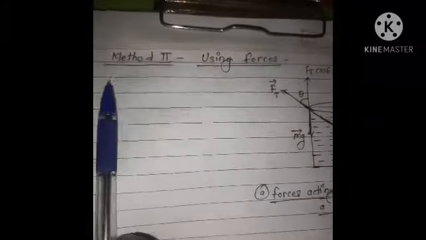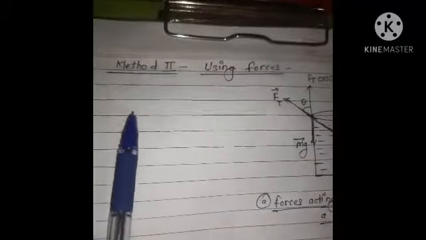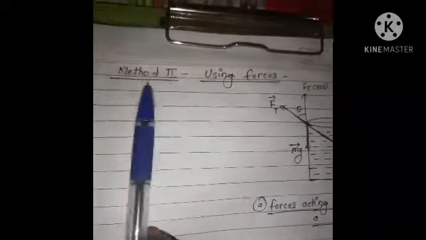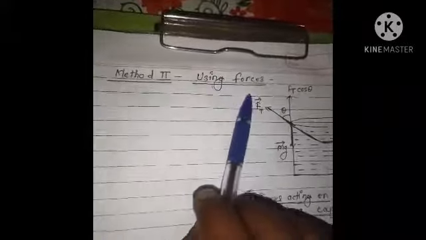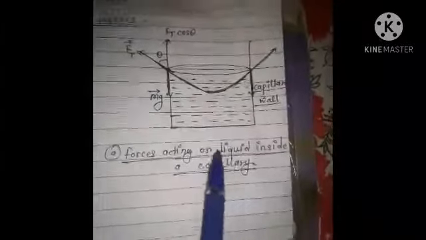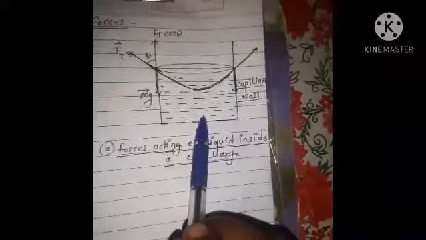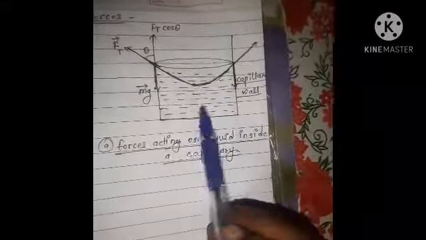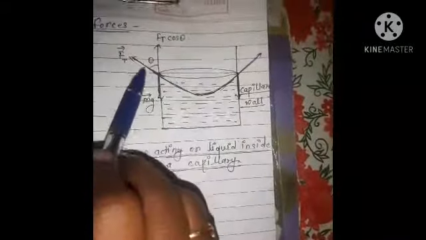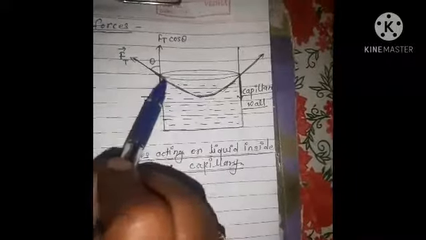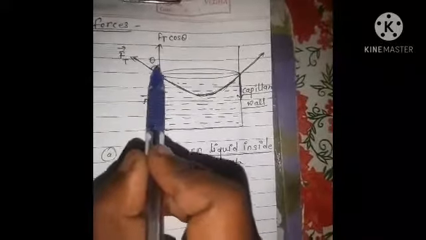Now we are deriving the expression for capillary rise or fall by the second method, that is by using forces. For this, see this diagram. This is a capillary tube filled with liquid, and a tangent drawn to the surface of the liquid gives the angle of contact.